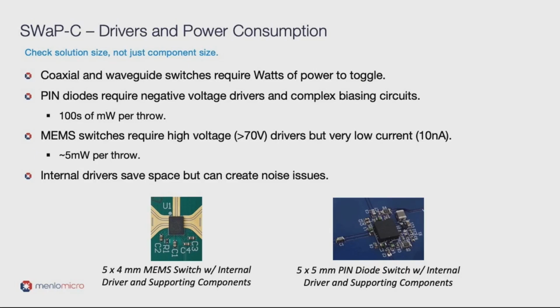But power consumption requires a little bit more care to evaluate. When it comes to power consumption, coaxial and waveguide switches will require the most power to operate, around several watts to toggle. Pin diodes require less, around 100 milliwatts per throw, and MEMS require around 5 milliwatts per throw to operate.